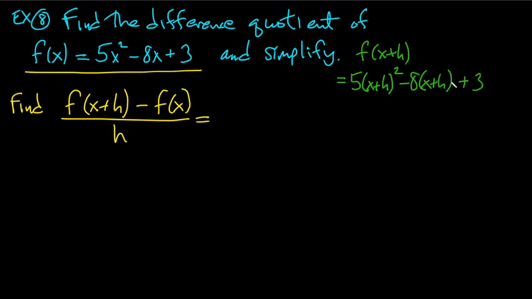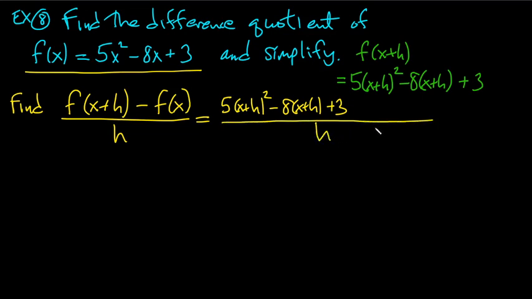There's no x in the last term, so it's just plus 3. So that's going to be the first term of my numerator: 5 times x plus h squared minus 8 times x plus h plus 3, all divided by h. And don't forget, I still have to subtract the original function, f of x.